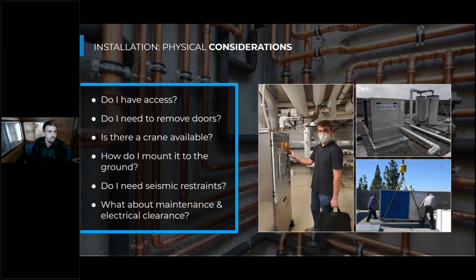A few points that I have found to be pain points, or things that people need to reconsider during this installation, are things like the actual access to the mechanical room or the roof that the heat pumps and the storage tanks are going to be installed into, right? So if it's a mechanical room, can the tanks and the heat pumps actually fit through the doors of this mechanical room, or do you have to install them before construction's complete?